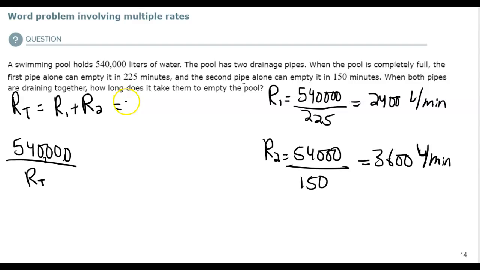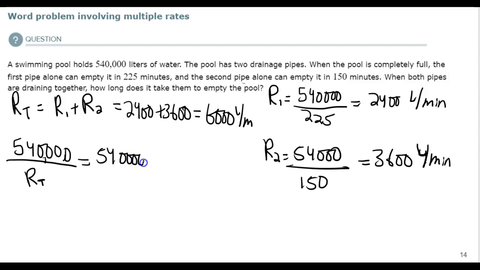So when I add these two rates together, I get a total of 6,000 liters per minute. So how long it fully takes, if I use both pipes, is this would get me 90 minutes.